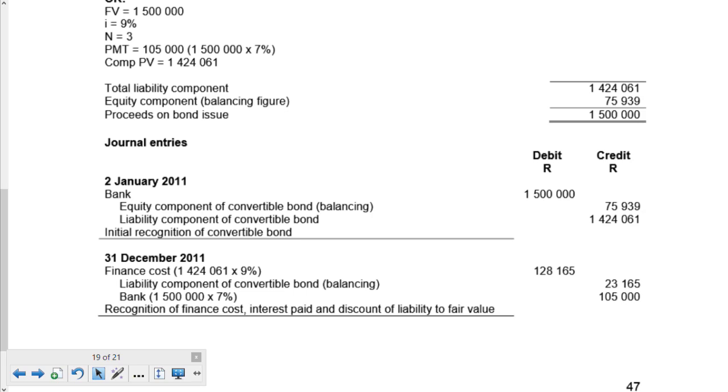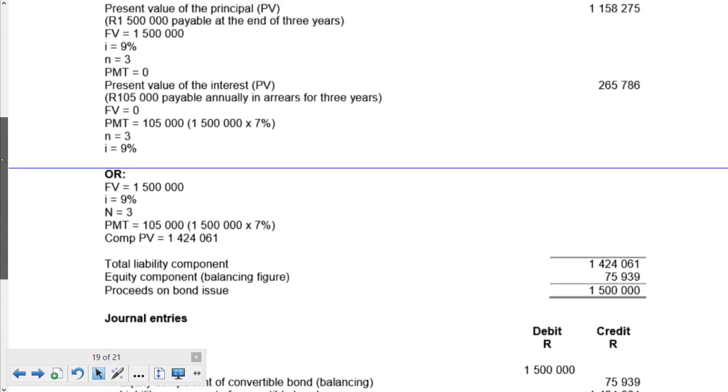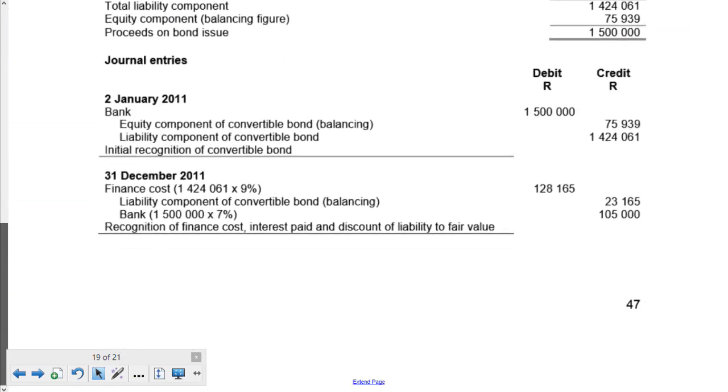That's why, even though you don't do a full amort, you still should have some calc to show me that interest number. Like here you see they just say the interest is the 1.4 times 9%. Or show the calc from your calculator, the amort year one interest and capital, so that they can maybe give you some marks for the journal even though your numbers are wrong.